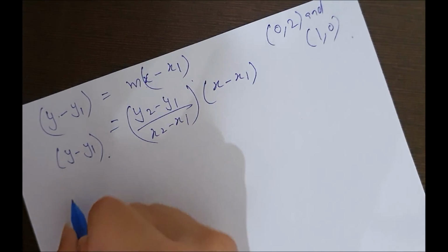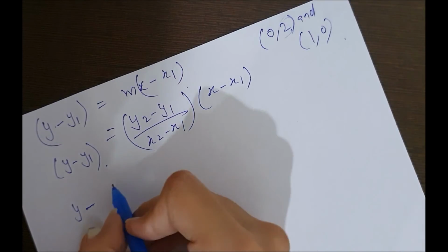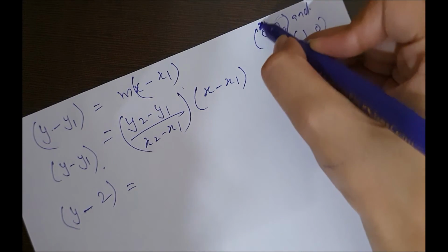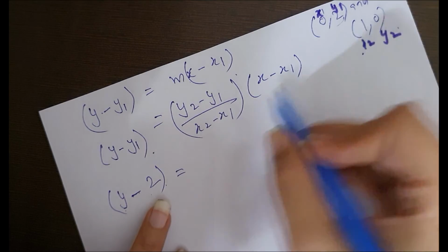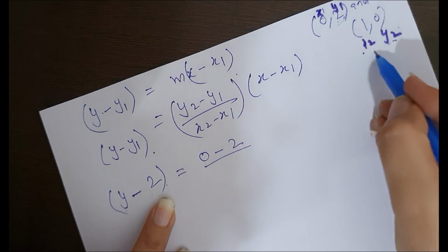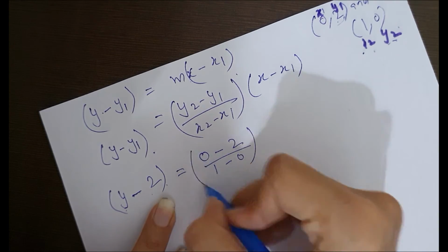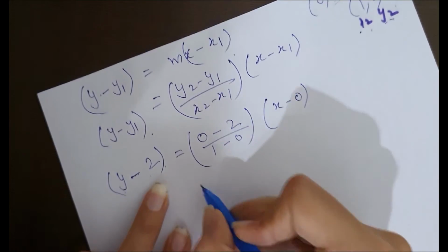Then you can do it in a similar way, like y minus y1 is this 2, as this is x1, this is y1, this is x2, this is y2. This comes out to be y minus 2. Here y2 is 0, so (0 minus 2) over (1 minus 0), and x minus x1 is x minus 0.